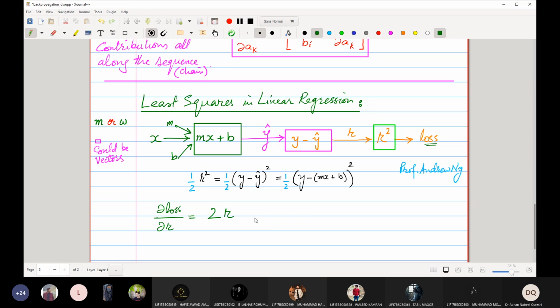Then we have to take the derivative of the loss. इस r के बेस पे हमने देख लिया. अब हमने देखना है इससे पीछे हमारे पास ये था पिंक में y hat. So what we have to do is we have to see the loss with respect to y hat.